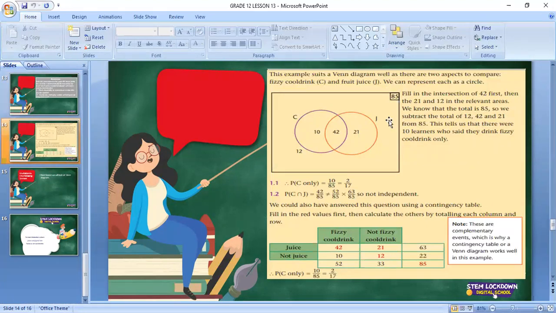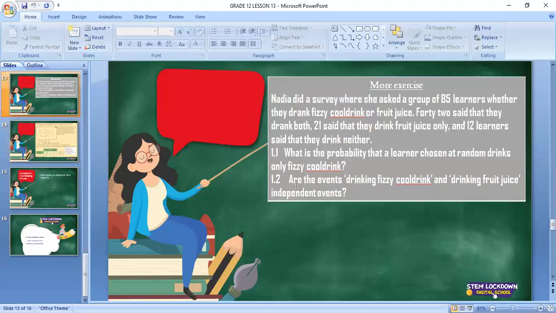And then the other question: are the events drinking fizzy cold drink and drinking fruit juice independent events?